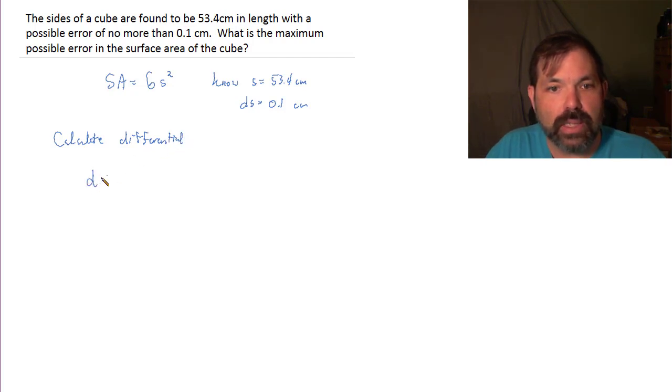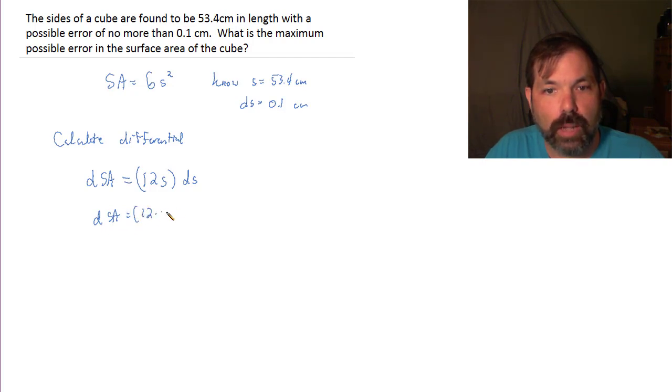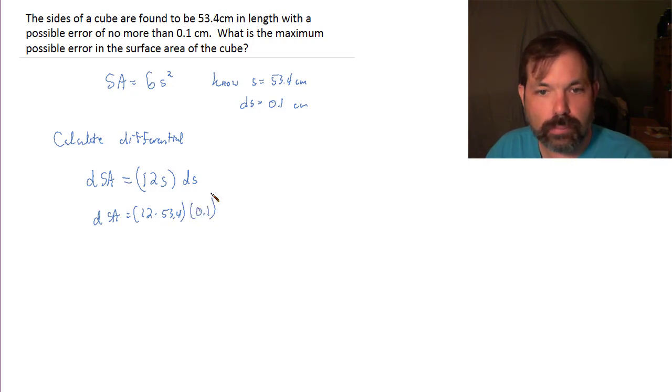Then dSA, the change in the surface area, is equal to 12S dS. So dSA would be 12 times 53.4 times 0.1.